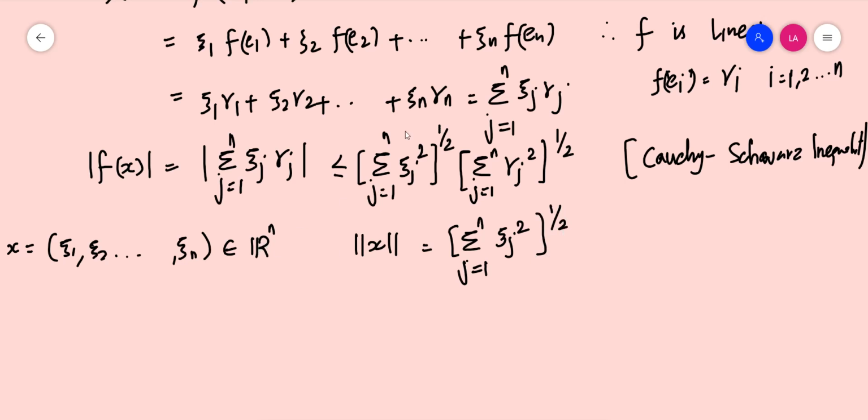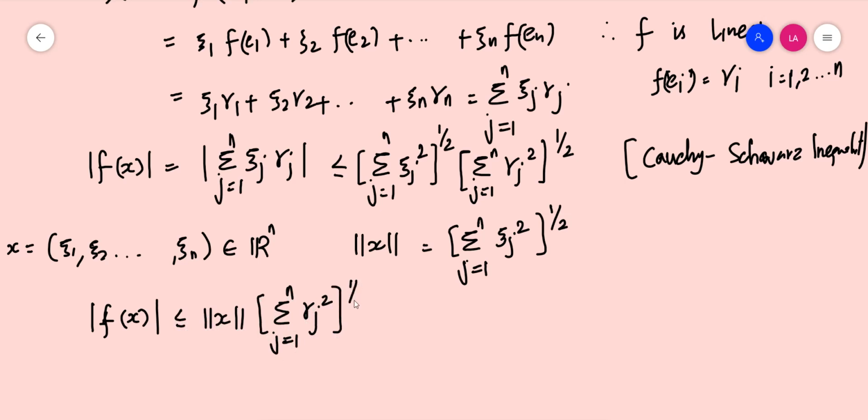Instead of that, we can actually substitute norm x. So modulus of f of x should be less than or equal to norm x times summation j equal to 1 to n gamma j square, the whole raised to 1 by 2.